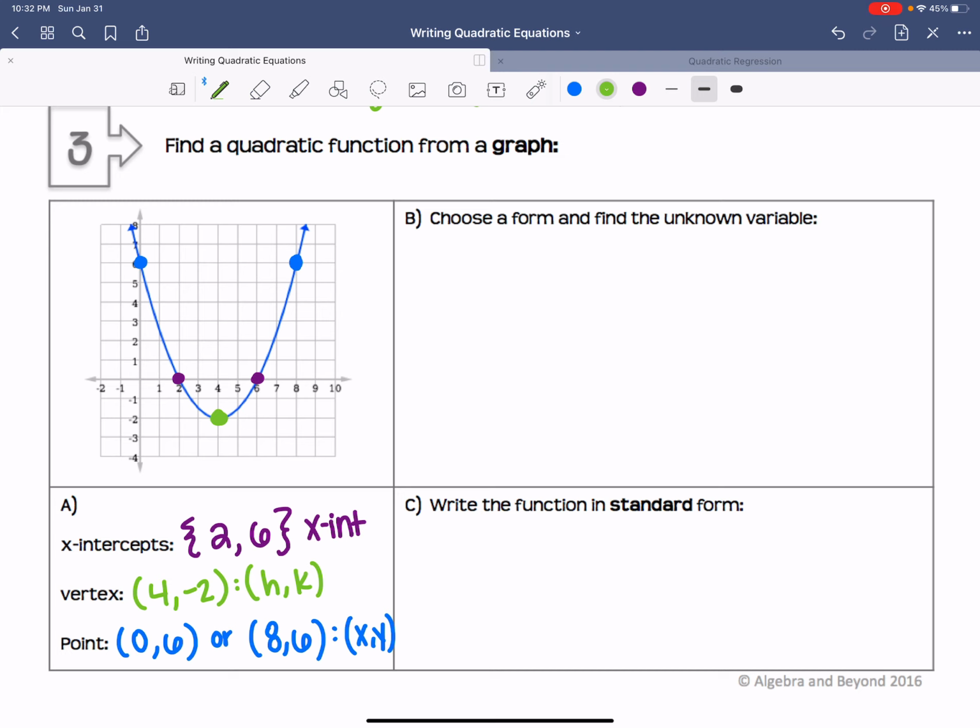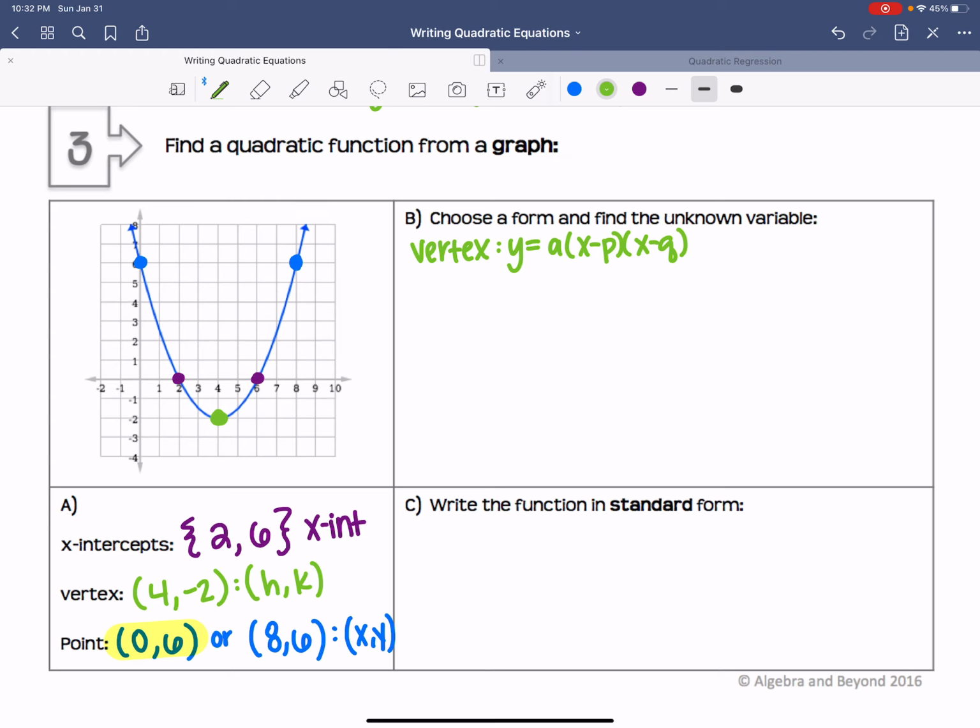So let's start with vertex form just because that's what we had started with in this lesson. So in vertex form, that's y equals a times x minus p times x minus q. Okay, so from here, we're going to plug in x, y, and p and q. So our y that we have, I'm going to choose 0, 6, just so that you can see that.